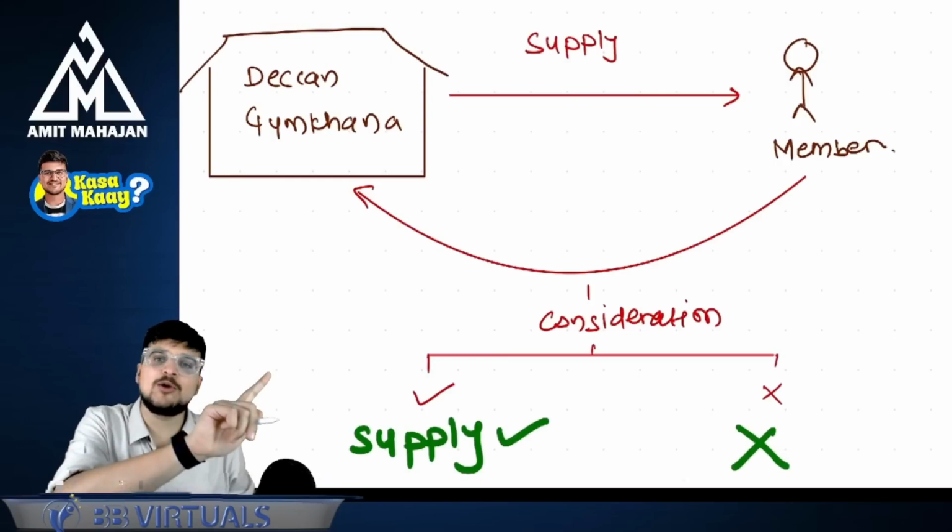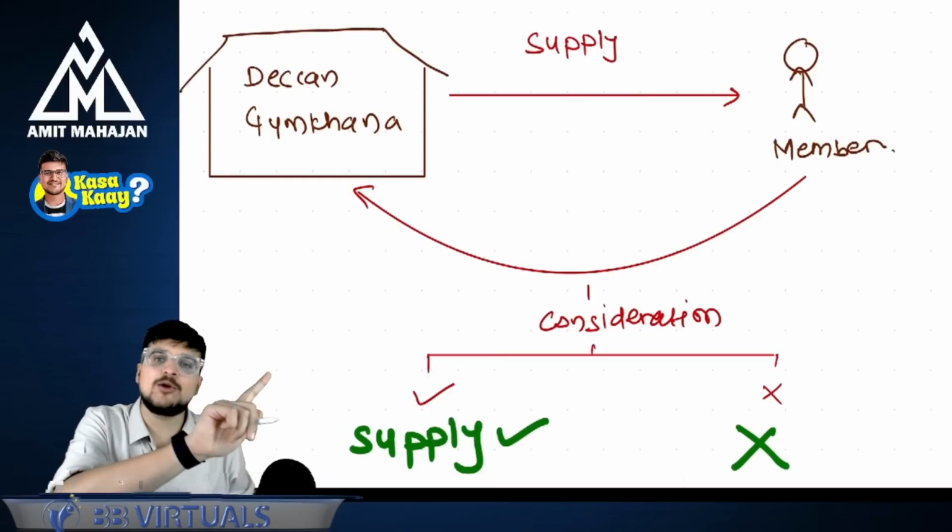I will tell you everything. I'm importing certain service without consideration. If that is without consideration, I will see whether I'm importing from a related party or not, which means, is that person related to me? If yes, then I will follow it. Is that person not related to me? Then he will fall under here.